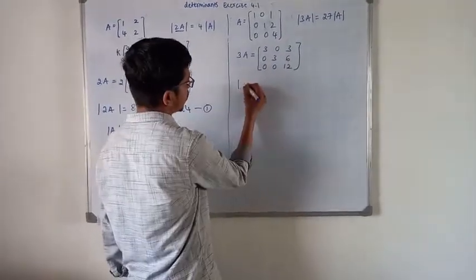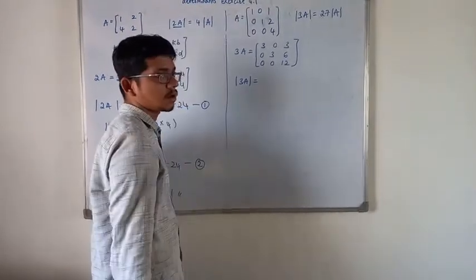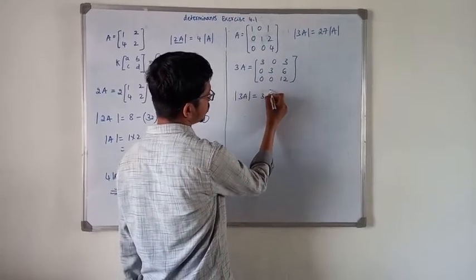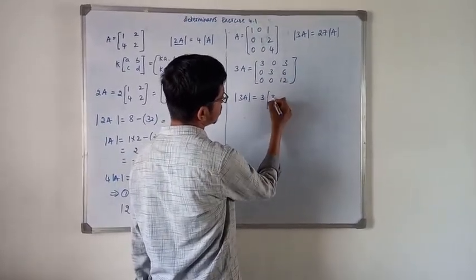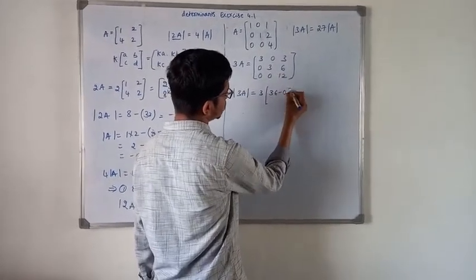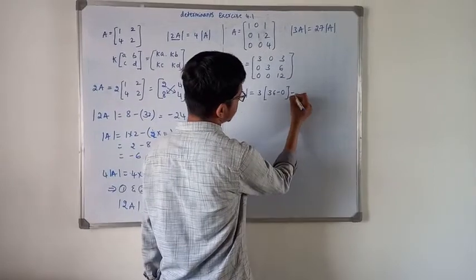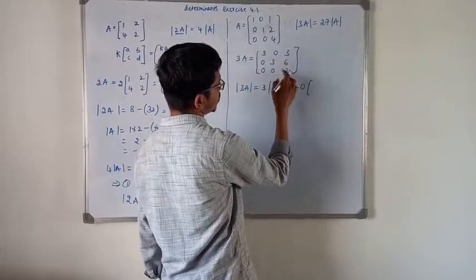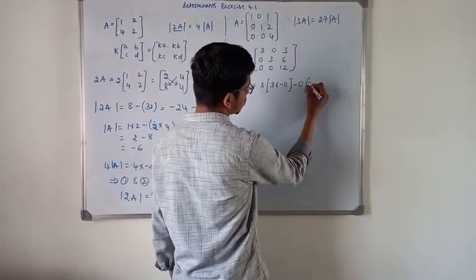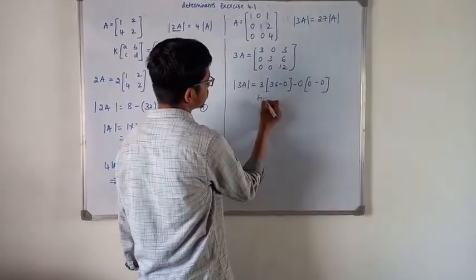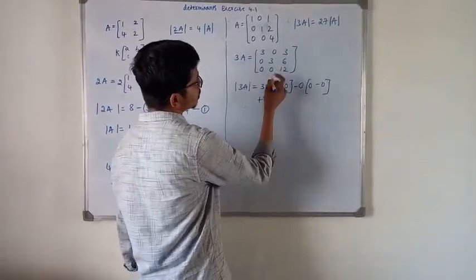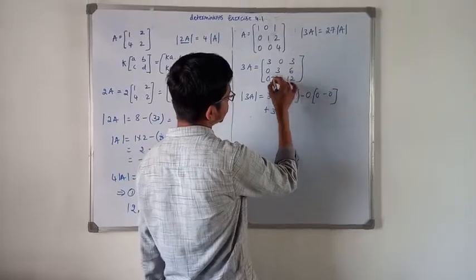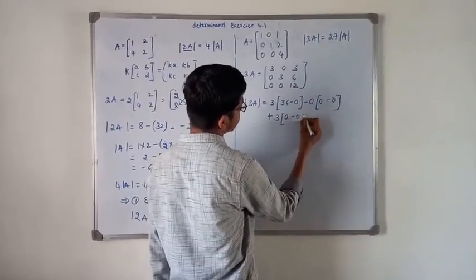Determinant of the matrix 3A is equal to, we know how to calculate, that is 3 into, excluding first row and first column, the remaining is 3 into 12, 36, minus 6 into 0 is 0, followed by minus sign, 0 into, excluding second row and second column, 0 into 12 is 0, 0 into 6 is 0, 0 minus 0, plus 3 into, excluding first row and third column, the remaining is 0 minus 0.